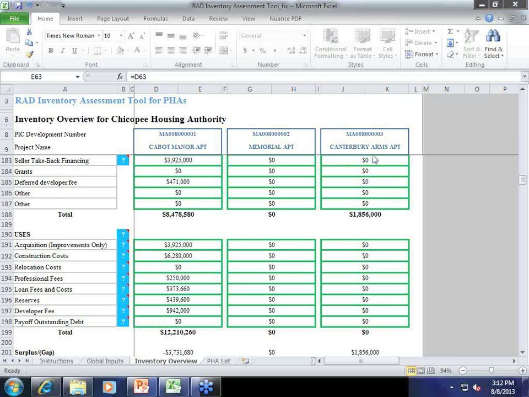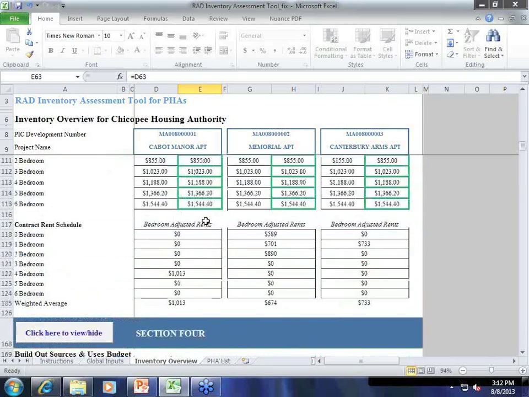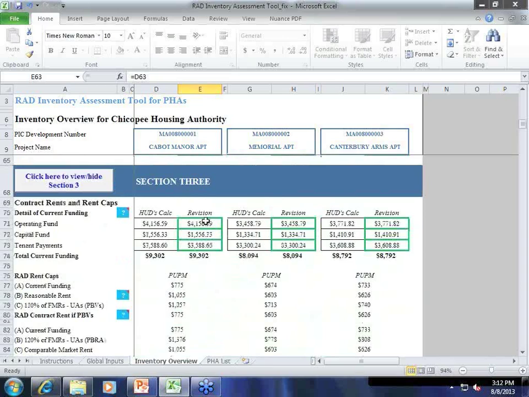Well, the contract rents, I'll talk through this as other people formulate their other questions. For every project, we added up what they were getting in 2012 through the operating funds, through tenant rents, and from the capital funds. The methodology is described in detail in the instructions tab, so you can go through. But what we find is a lot of people say, well, I want to go through these numbers myself and double check them.